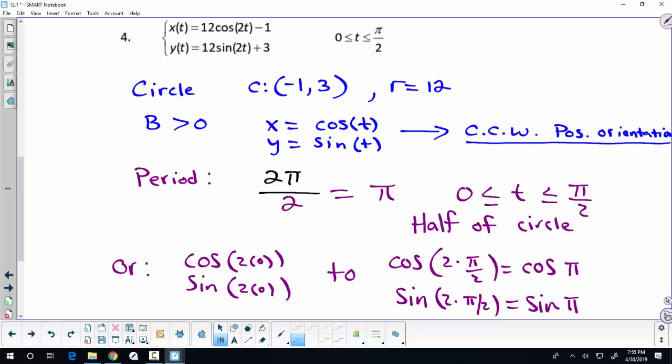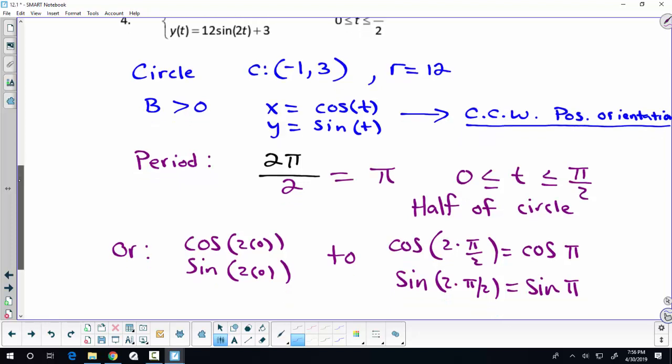So we're going from cosine, sine of 0 to cosine, sine of pi. We know when we graph cosine and sine from 0 to pi, we only get half a circle. So you can look at that either way. I really don't care.